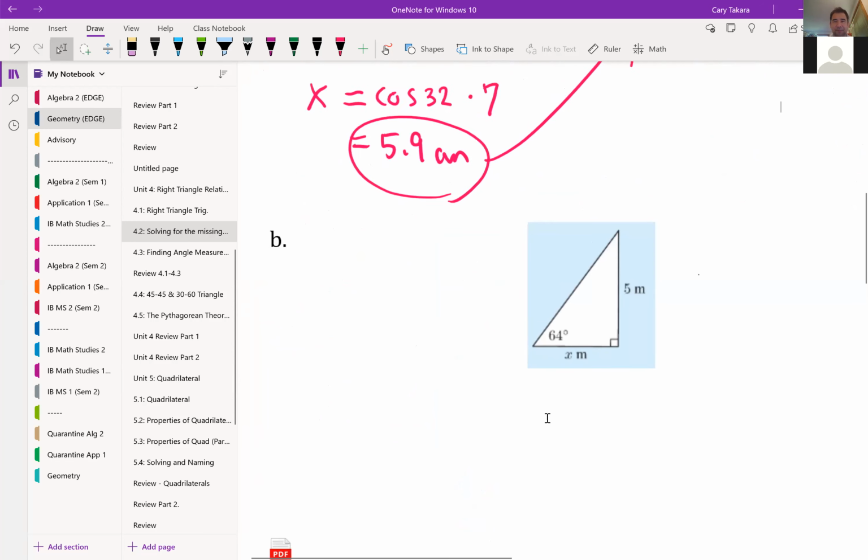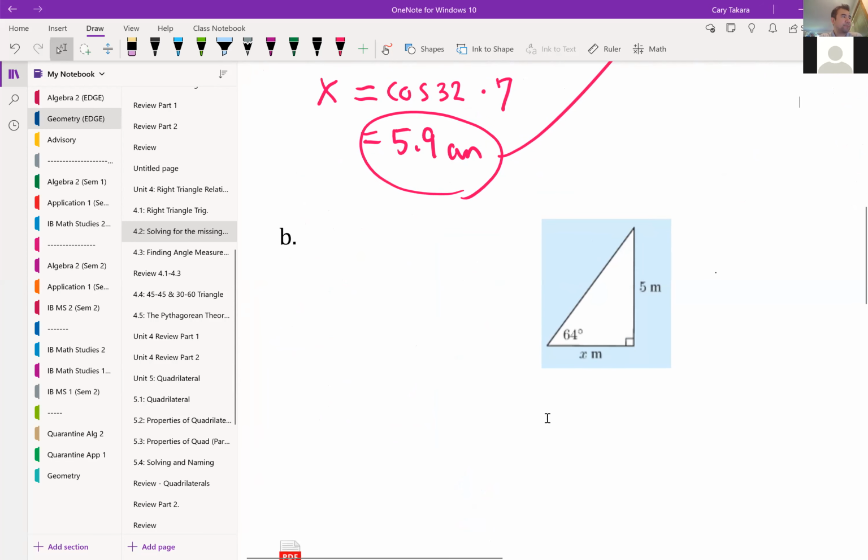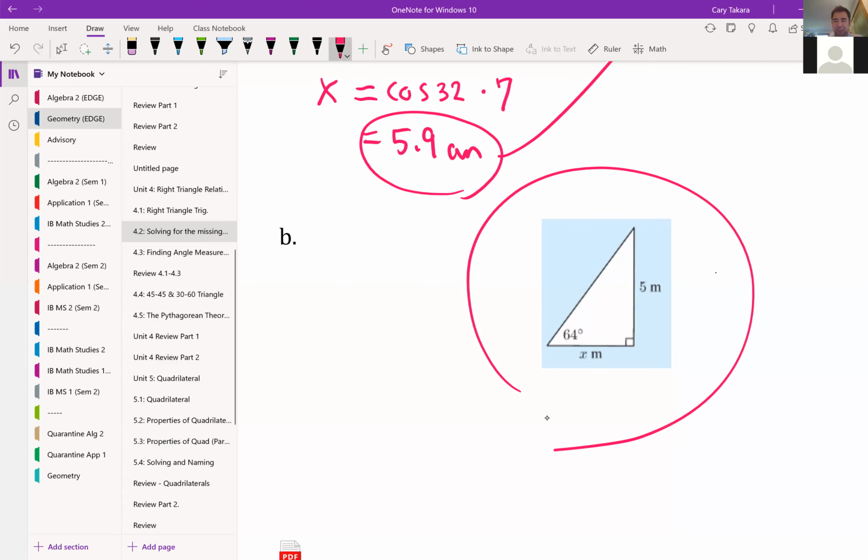Here it is. So first, I want you to label the triangle. So copy down the triangle first, and then let's label it. And then let's set up an equation.